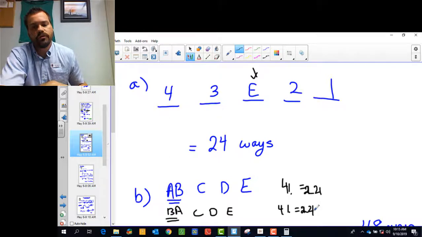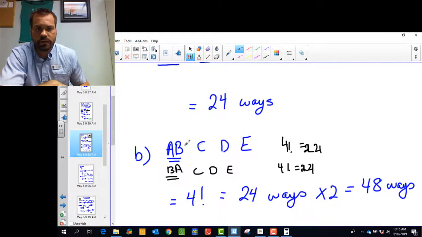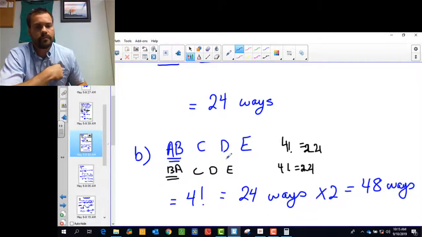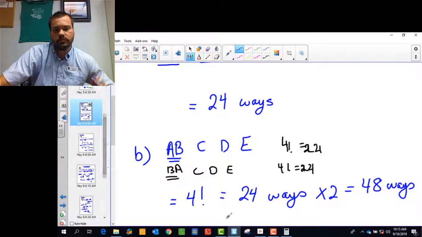So there's 24 and 24, and then we add those together, and we end up with 48 total. All right? So there's 48 ways to do that, because inside the A and B, there's 2 ways to do that, and for each of the other arrangements. Okay? So that's the idea behind permutations with repetition.